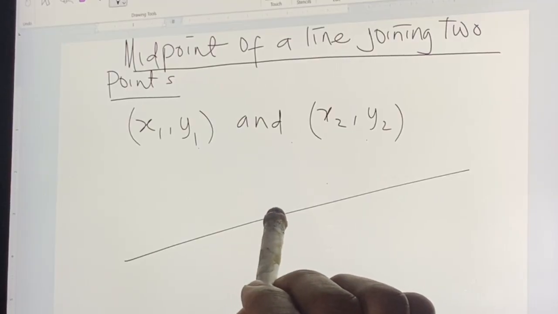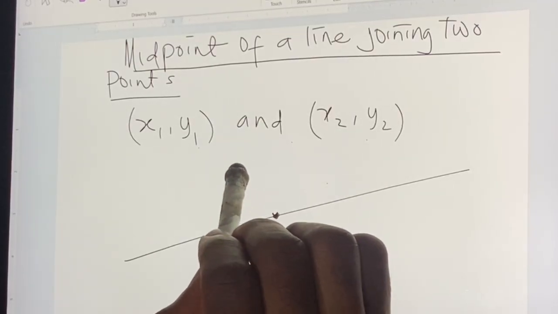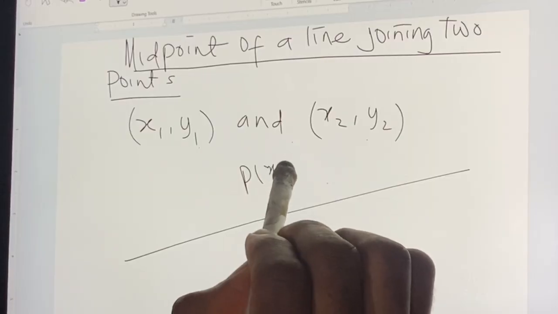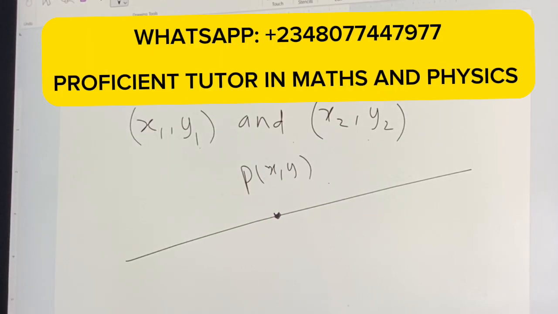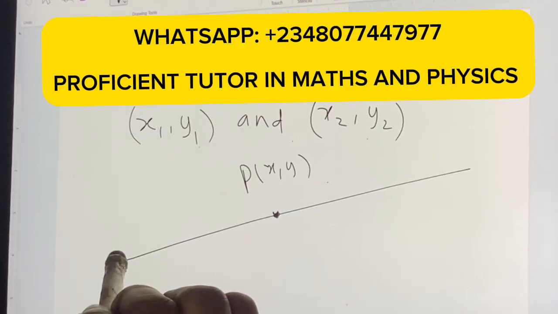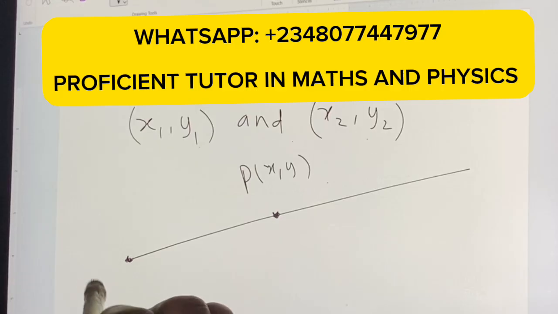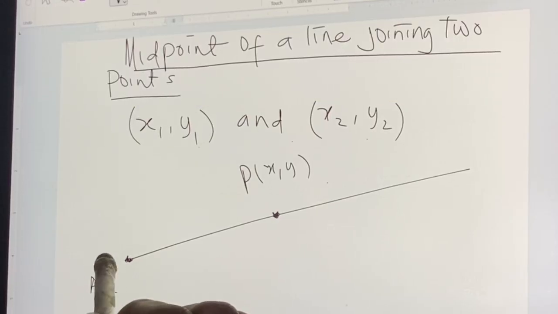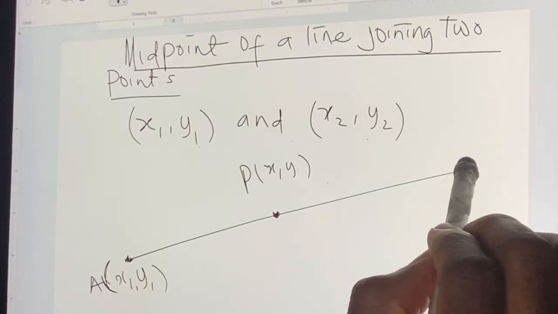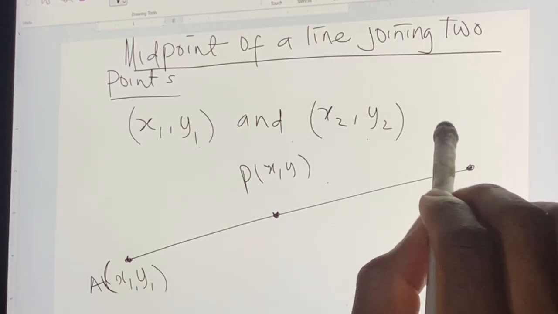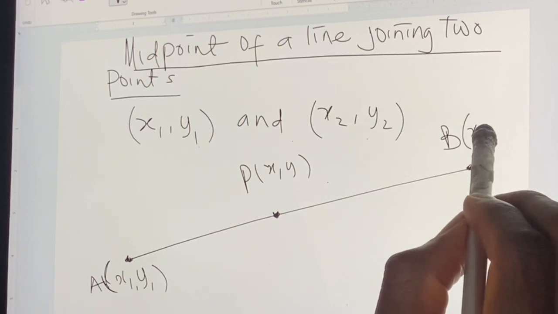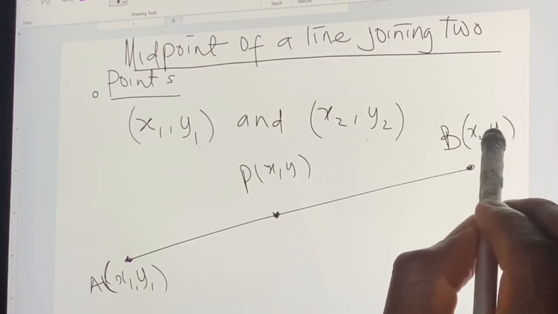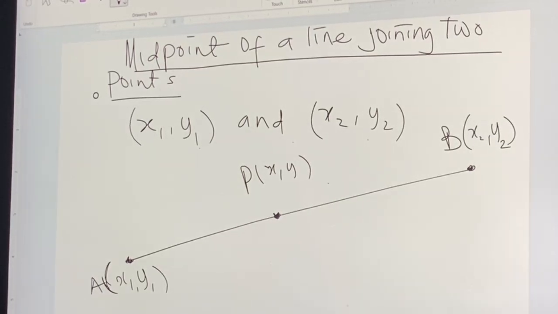We can call this halfway point P(x, y), and we have 2 points A and B. We can call this point A, which is the first coordinate, x1, y1, and this point B, which is x2, y2. Please, we are not proving this. I'm just trying to explain a simple way to understand the formula.